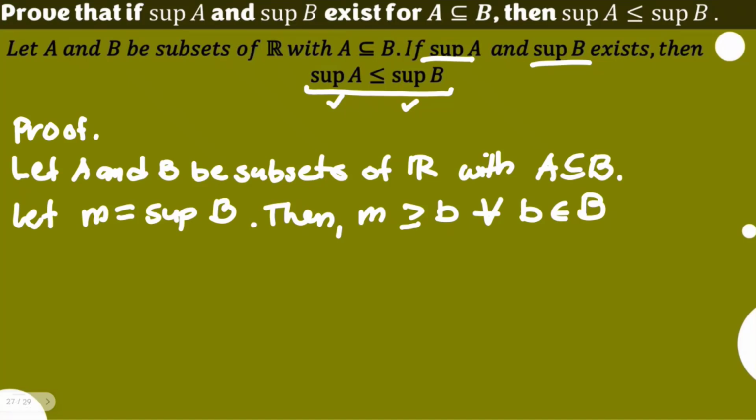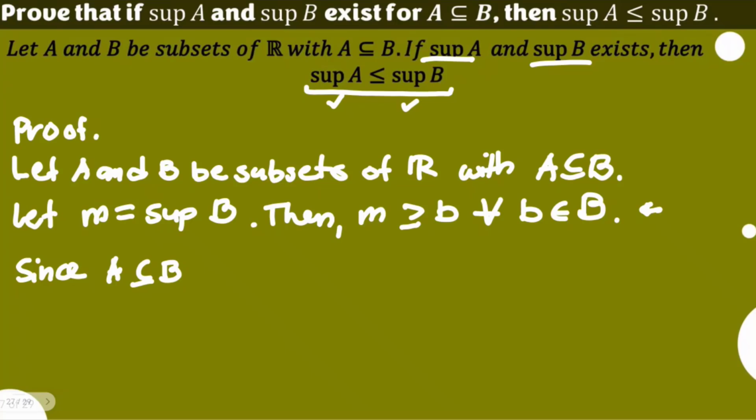It might be the largest element. M may be equal to the largest possible value of B, or even greater than that, because that's how it is meant to be.